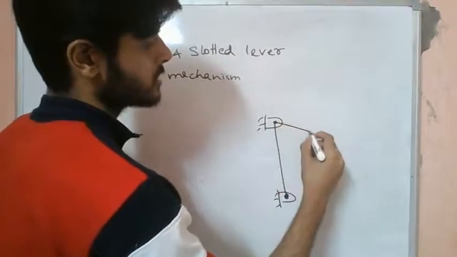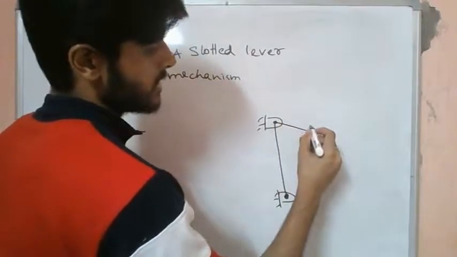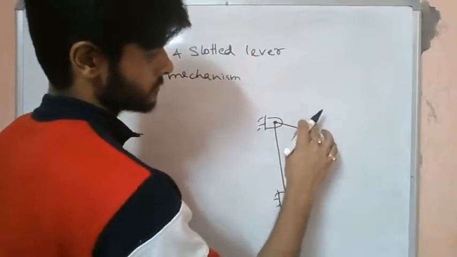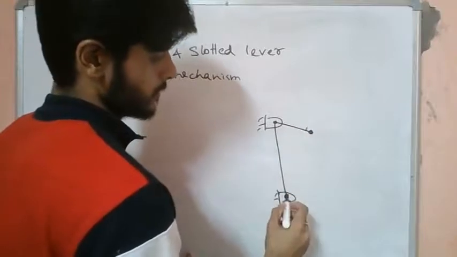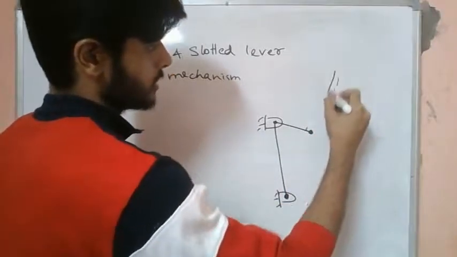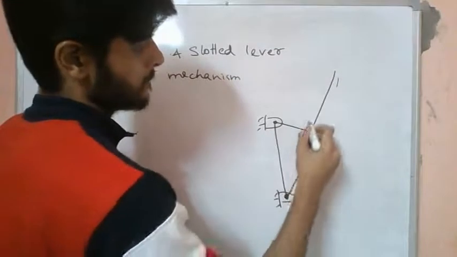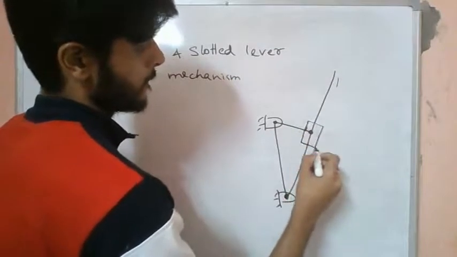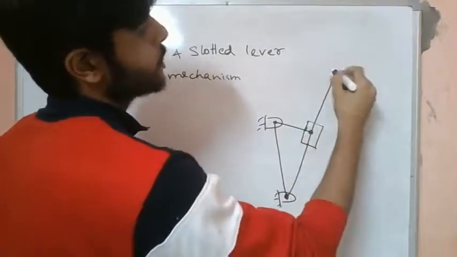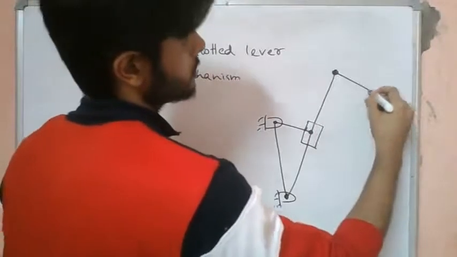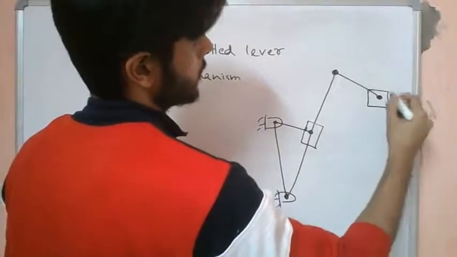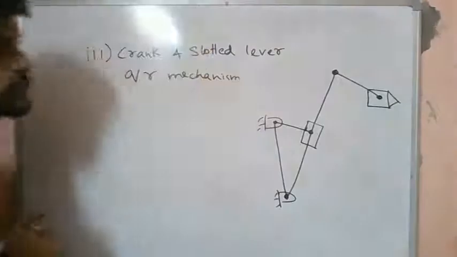The shortest link is something like this. It has a slider attached. We have the longest link like this, and from this point we have another link like this. We have the shortest link like this.